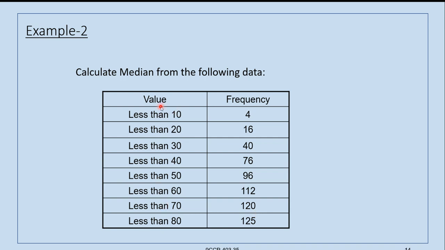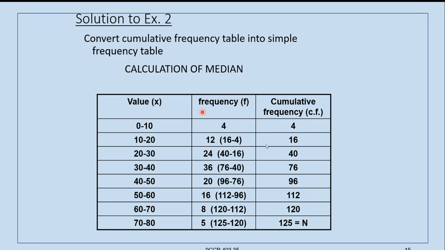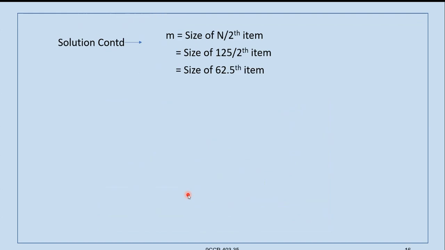Simply we can write the class intervals, that is 0 to 10, 10 to 20, 20 to 30, 30 to 40, 40 to 50, and so on. Here you write the cumulative frequency and then you can solve the problem. This is the actual solution we have to take.